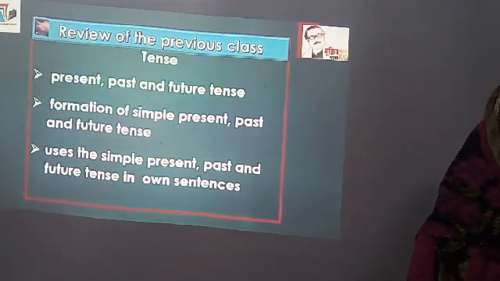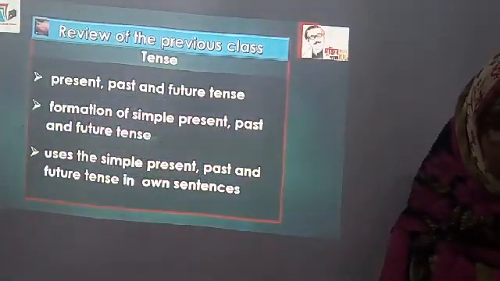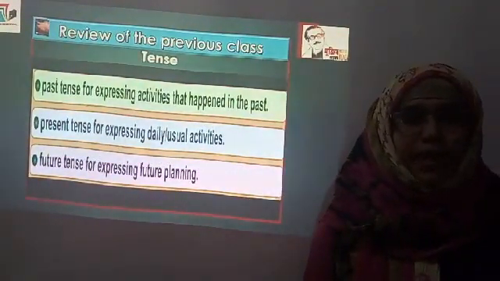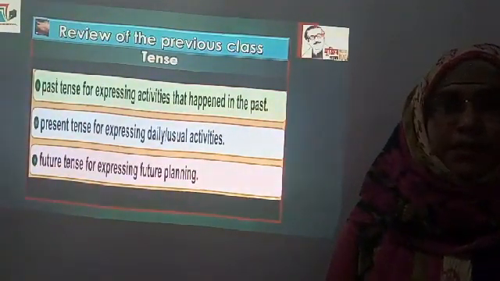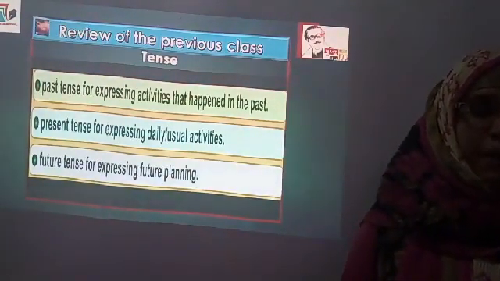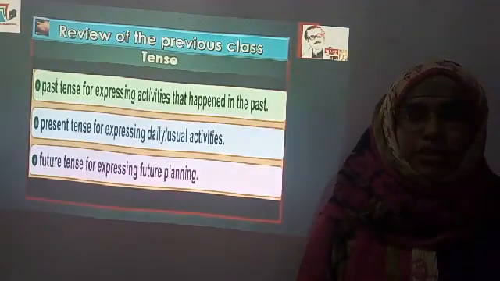That is present, past, future. What is present tense? Can you remember? Present tense is for expressing daily or usual activities, actions that happen in the present situation. Past tense is for expressing activities that happened in the past situation.